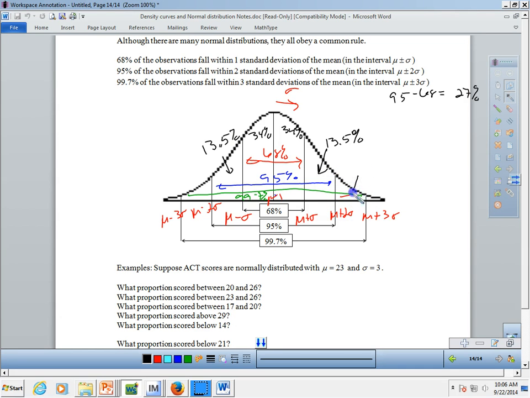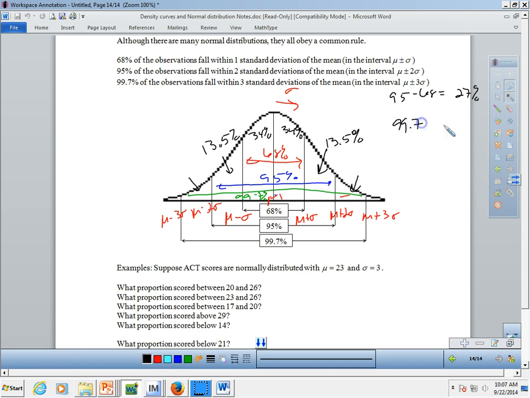Okay? Now let's keep going out in these pieces, right? What about right here and in here? What proportion of observations are in those two areas? Well, we've got 95% of our observations within 2 standard deviations, and we've got 99.7 within 3 standard deviations.